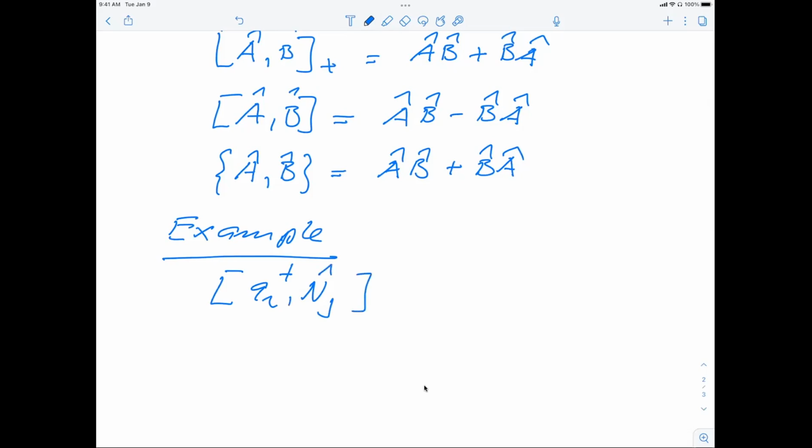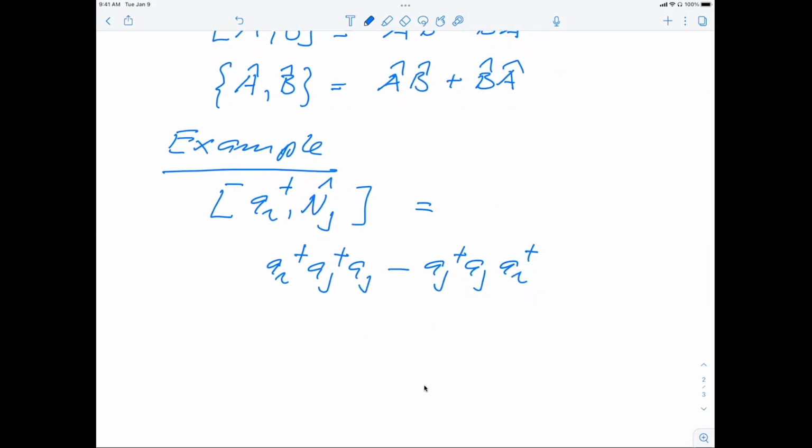And I'm not specifying now whether i is equal to j. So I'm just leaving that open, okay? So if we take that one, this would be the same as a_i a_j dagger a_j minus a_j dagger a_j times a_i dagger. And keep in mind that this is always acting on some kind of state.